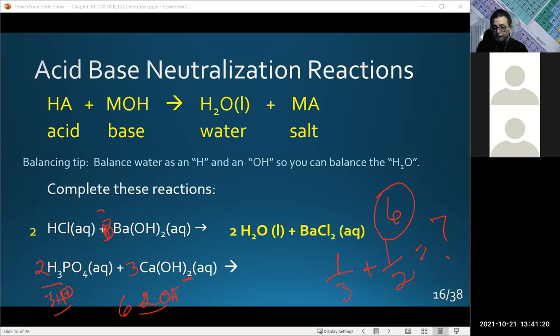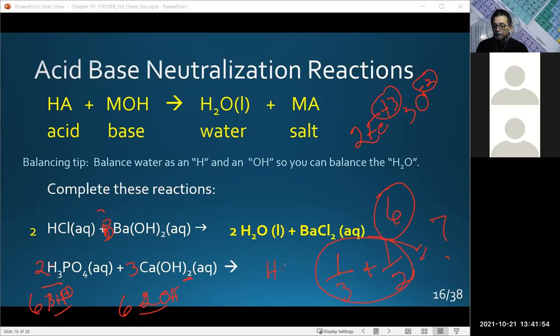Wouldn't that give me 6 protons now? Yes, it will. Just like we did when we were trying to put together the formula here. We looked for a common number. It happened to be 6. So we needed 2 iron, 3 threes, and we needed 3 oxides to get that formula coming together. We're doing the same thing here. So meaning that I got 6 protons now and 6 hydroxides.